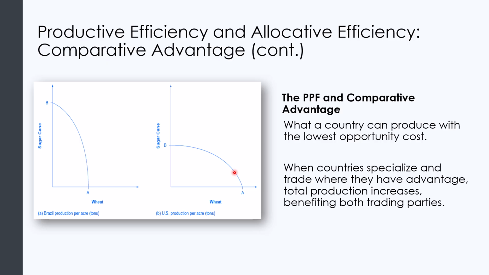This is where macro specialization in trade would come in. If Brazil focuses on sugar because they have the lowest opportunity cost or the highest comparative advantage, and the US specializes in wheat, and then we trade, the world benefits from having more of both goods, and each country benefits because it is maximizing the efficiency of their resources.